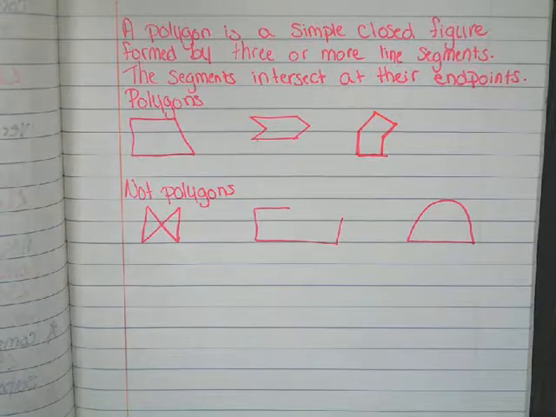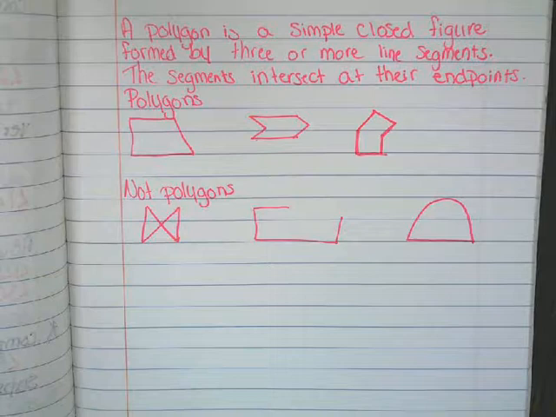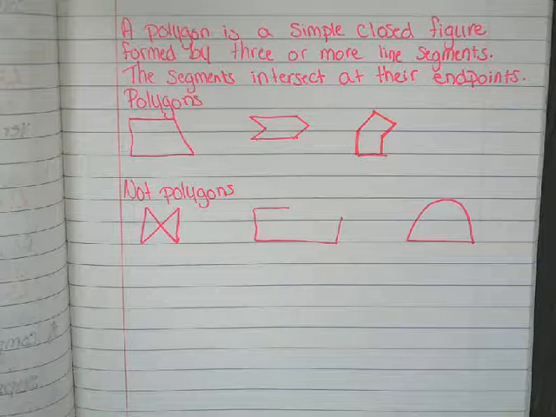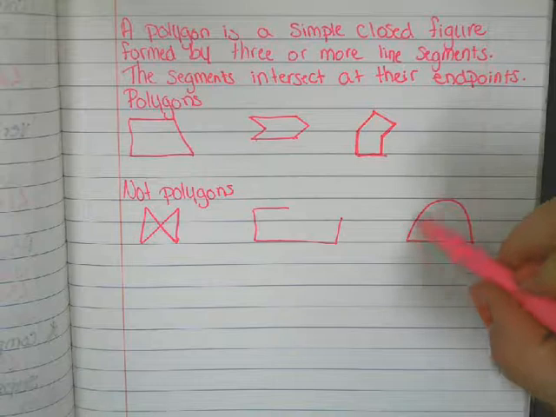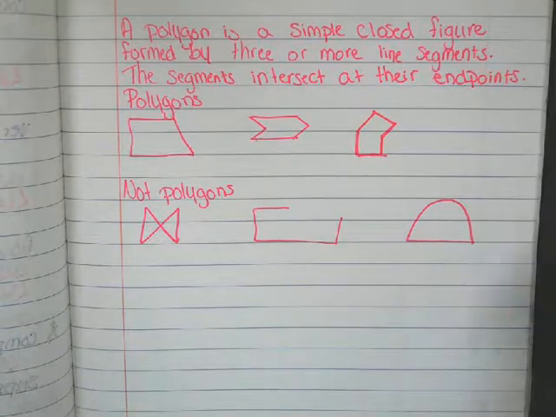It has three or more line segments. So why is it not a polygon? Right? They intersect in the middle. Okay, so that doesn't work. So it's not a polygon. What about the second one? Why is it not a polygon? It's not a closed figure. What about the third one? There's only one line segment because we can't count the arc of the circle as a line segment. Right? So it has to be a line segment. So that one is not.